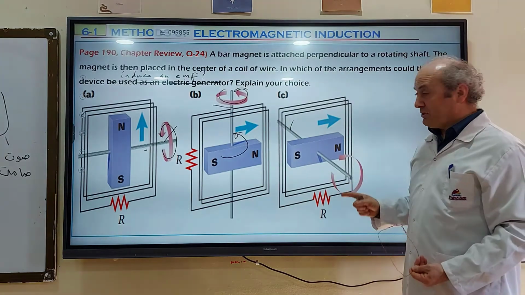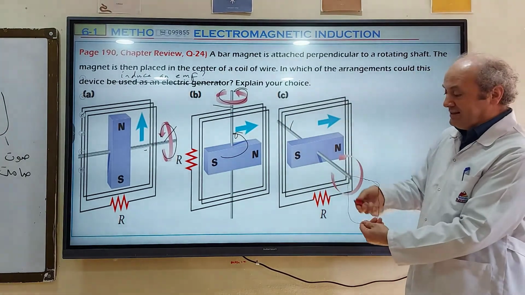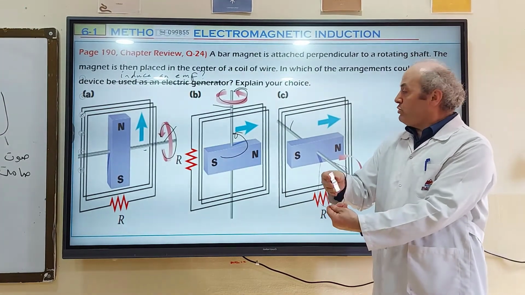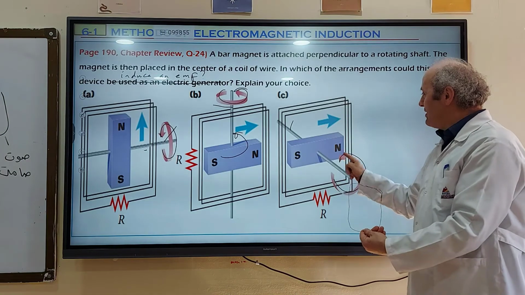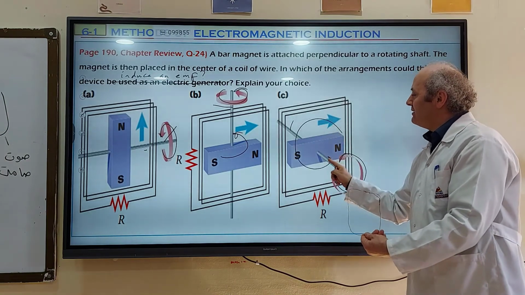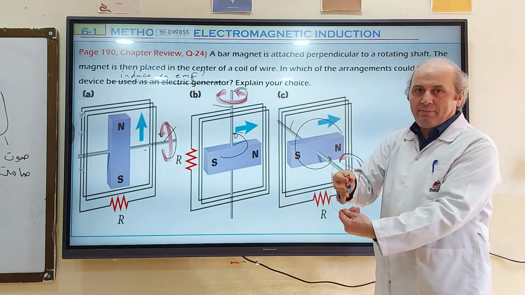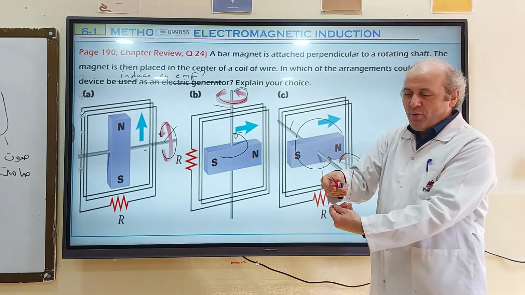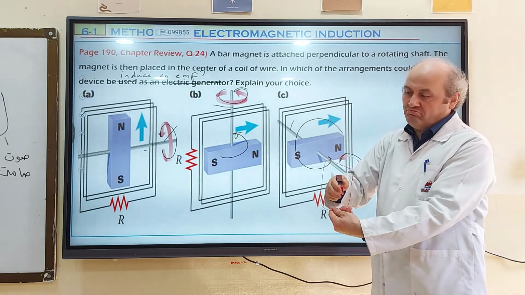The third one. You are going to hold the magnet like this, but you are going to rotate it like that. This is telling you to rotate it in a vertical plane like this. Now, what is the magnetic flux? 0. 0, 0.